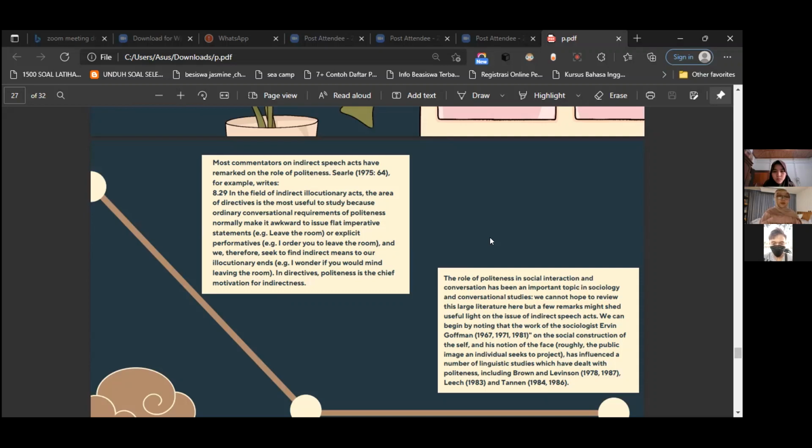A kind of mutual self-interest requires that conversational participants maintain both their own face and their interactor's face. In this view, many verbal interactions are potential threats to face. Next slide, please.